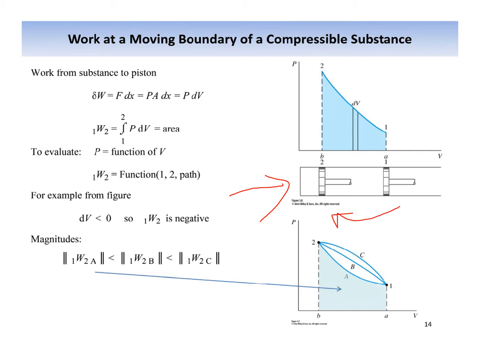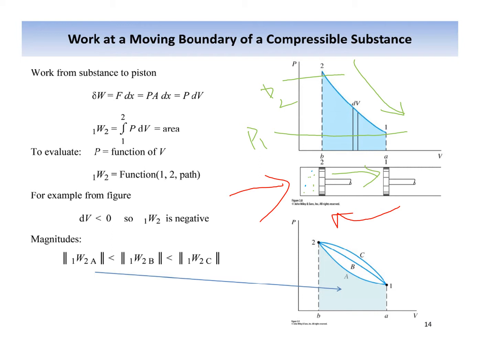Obviously, if we assume there's some mass of compressible fluid in this cylinder, during compression the pressure rises from P1 to P2. If you release this system, it will expand from position 2 to position 1, and during this there will be a pressure drop from P2 to P1.